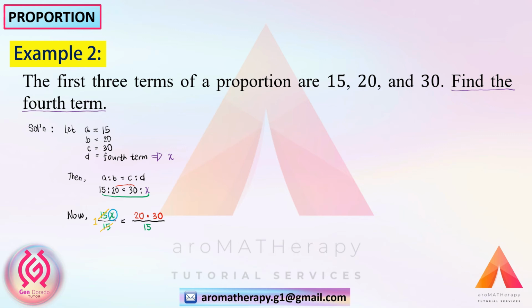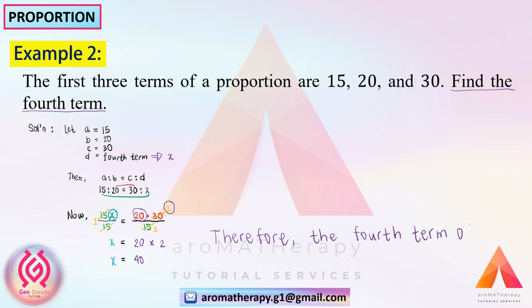We are left with x is equal to, since 30 is divisible by 15, we can simply divide 30 by 15, so we'll get 2. Here we can multiply 20 and 2. So we have 20 times 2 is equal to 40. So therefore, the fourth term of the proportion is equal to 40.